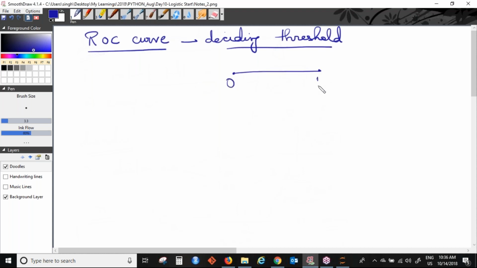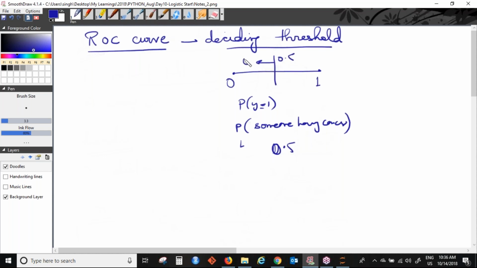So let's say this is 0 to 1, and we are talking about the probability of y is equal to 1, or the probability of someone having cancer. Let's say we take a threshold of 0.5. Whatever is below this we classify as 0, whatever is above this we classify as 1.